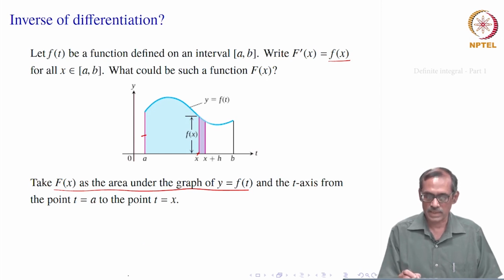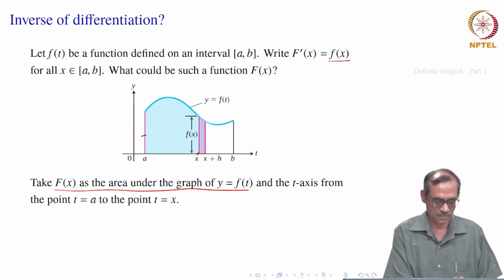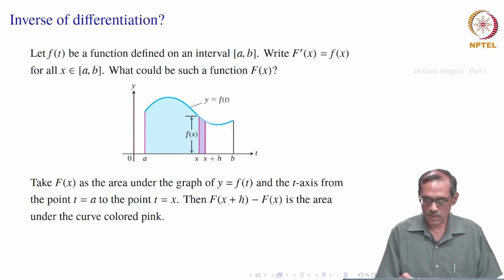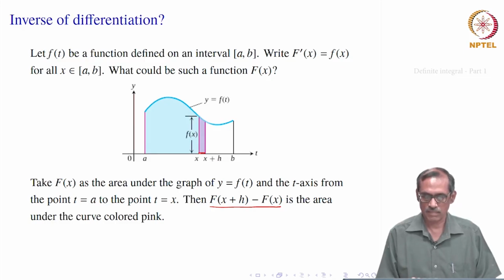Then capital F of x plus h will be equal to that plus this pink area. Now, if you take F of x plus h minus F of x, that will give this pink area. Now think of this area divided by h.